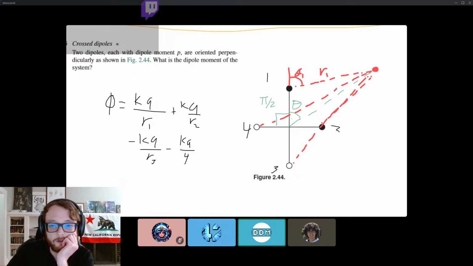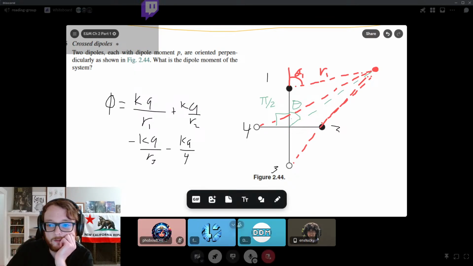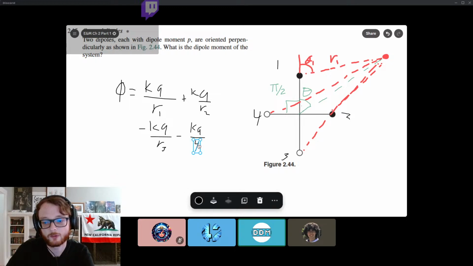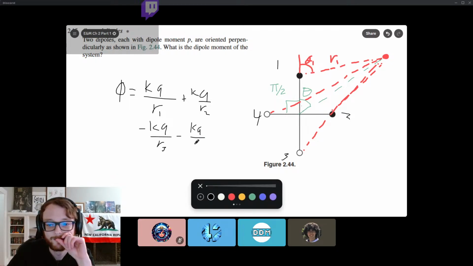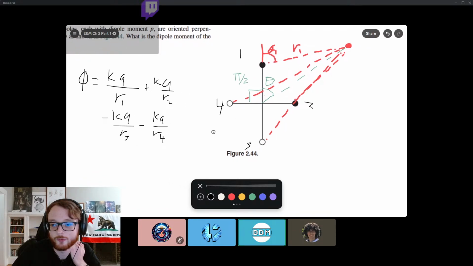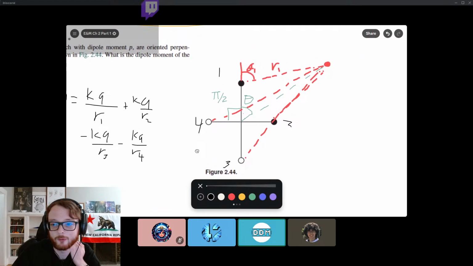And I don't know if we want to try to figure out a nice approximation like they did for these. Oh, that's not R4. For these R values, or if we just want to deal with the law of cosines.